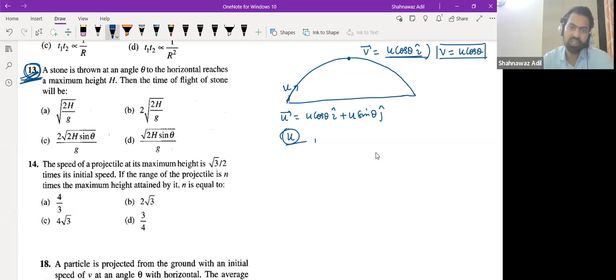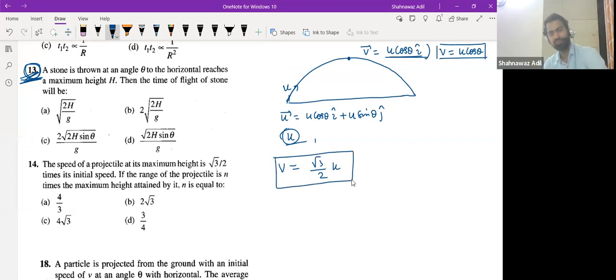So now, what is the question telling? That the speed of the projectile at its maximum height, v, is root 3 by 2 times the initial speed. So this is given, right, everyone? Yes, sir.